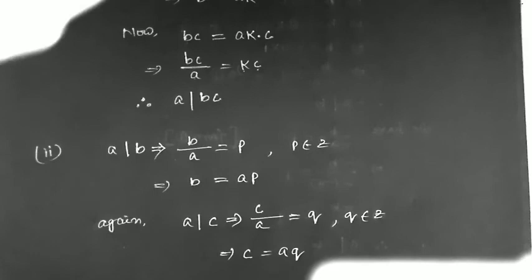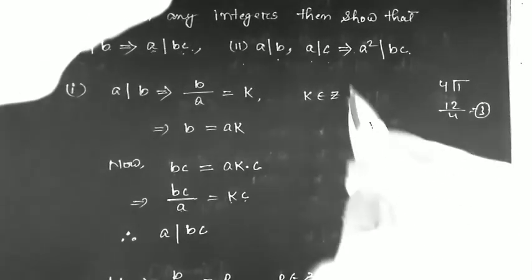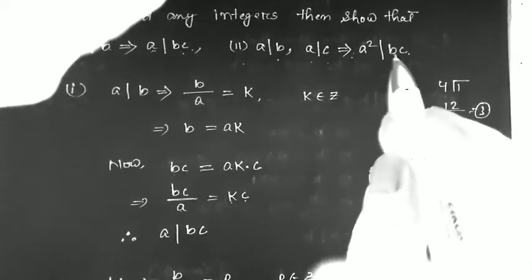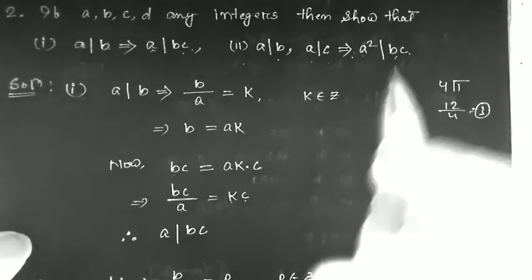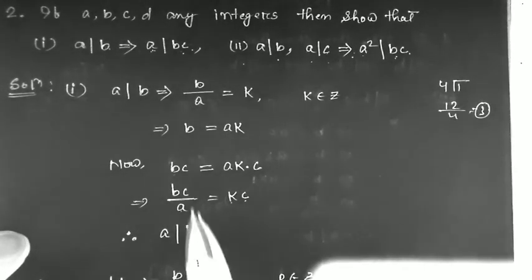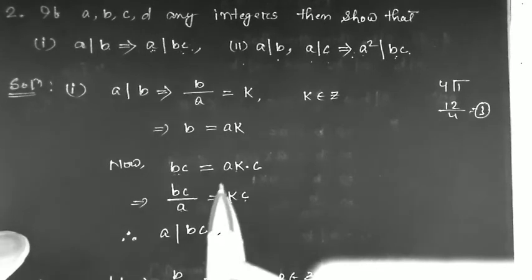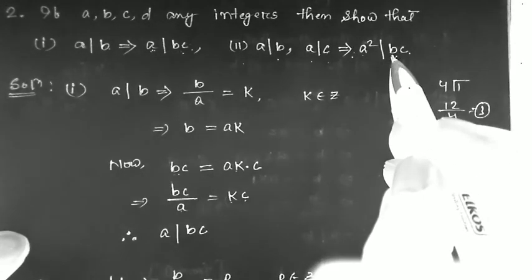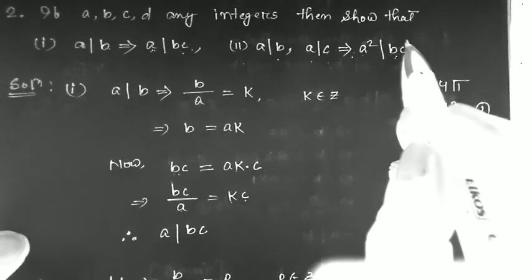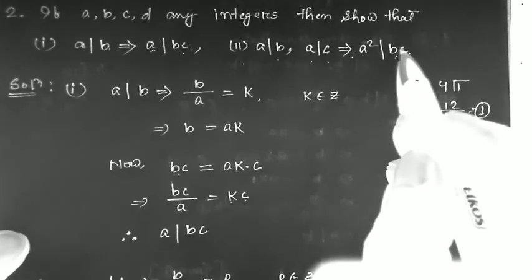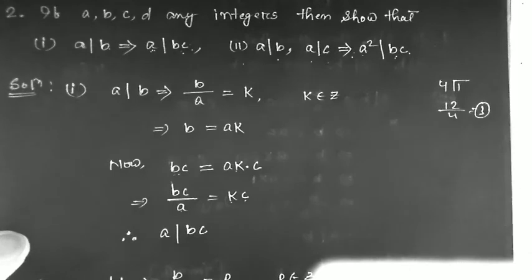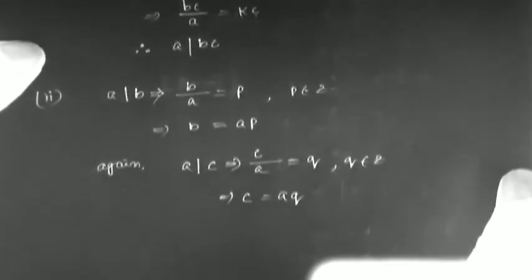Now we have to prove a square divides bc. As in the previous one we found bc first, then we saw that a divides bc. So in this case also we will find the value of bc, then we will see whether a square is dividing bc or not.